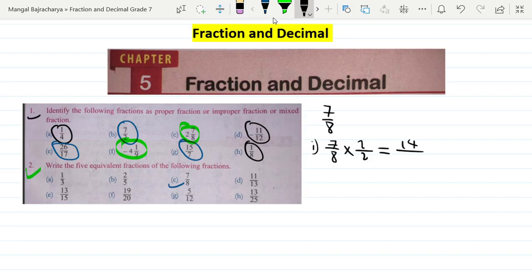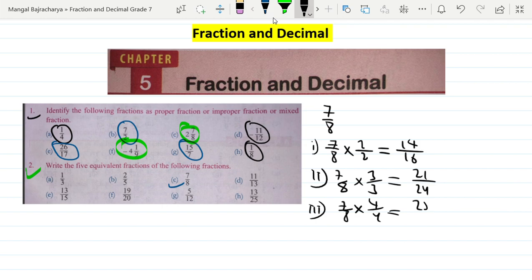So 7 times 2 you get 14, 8 times 2 you get 16. Next I go with multiplying by 3, so 3 by 3, I get 21 by 24. Then third I multiply with 4: 7 times 4 is 28, 8 times 4 is 32.